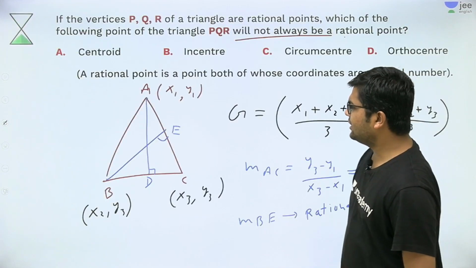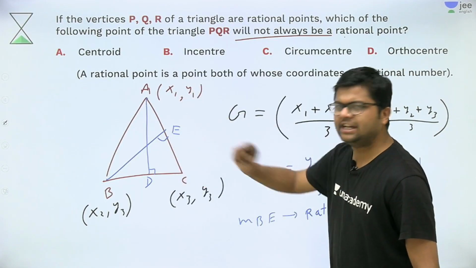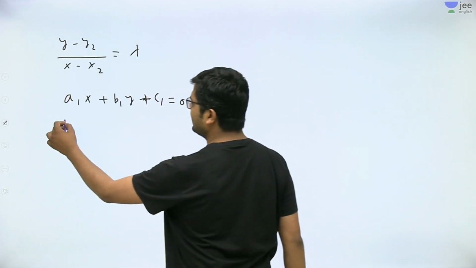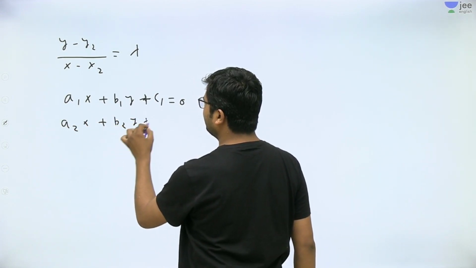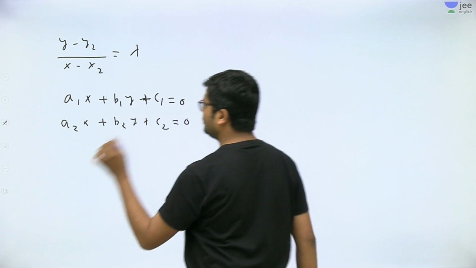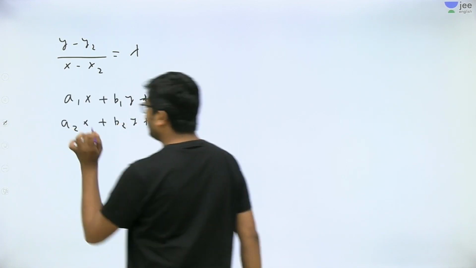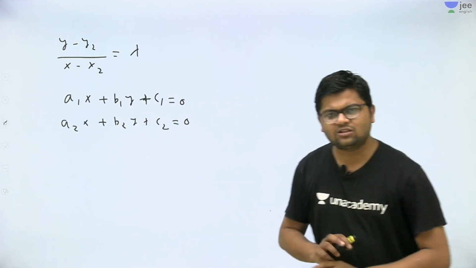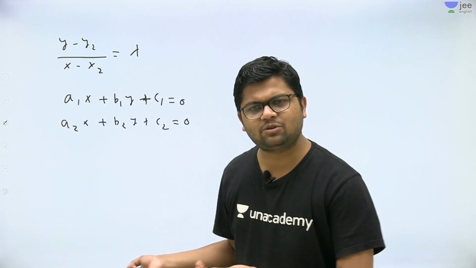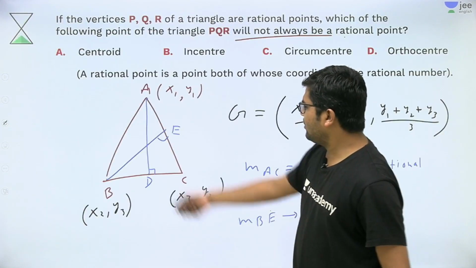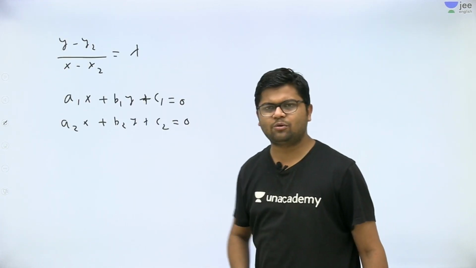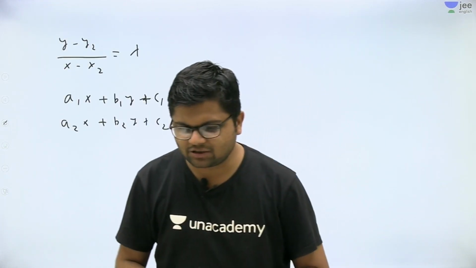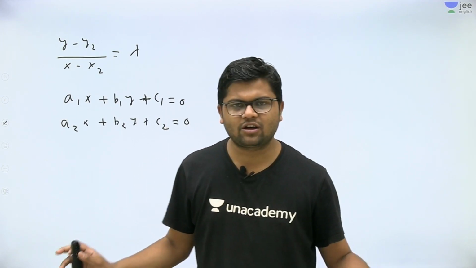Similarly, if you write the equation of AD as a2x plus b2y plus c2 equal to 0, then a2, b2, c2, all three coefficients will be rational by the same reasoning, because the slope of AD will be rational and the point is rational. Using the two-point slope form, the coefficients will come out rational.